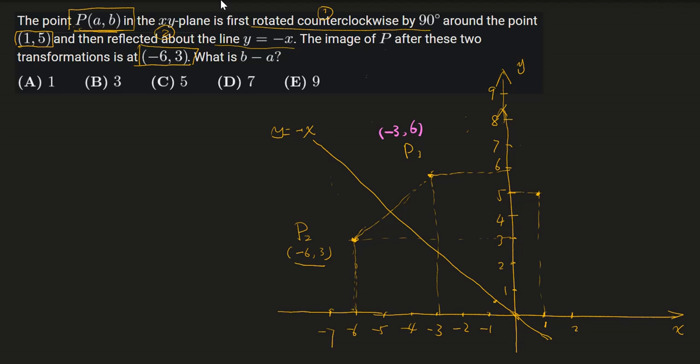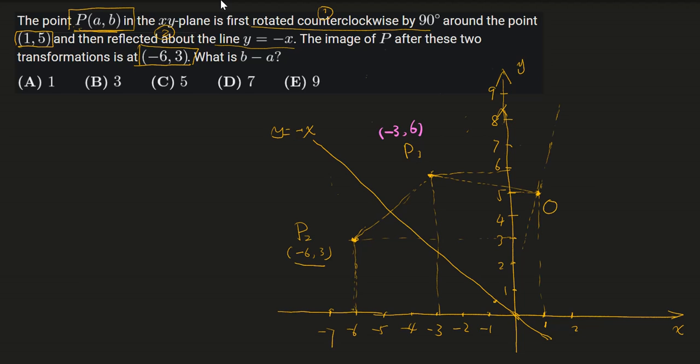Therefore, in order to retrieve our original point P, we need to rotate this P1 clockwise by 90 degrees. Let's first call this center point O. Then we will connect P1 and O. We'll draw a line in here. And then we'll draw a perpendicular line through this point O. It'll be like this, perpendicular to P1O.